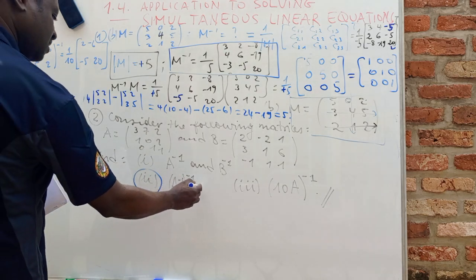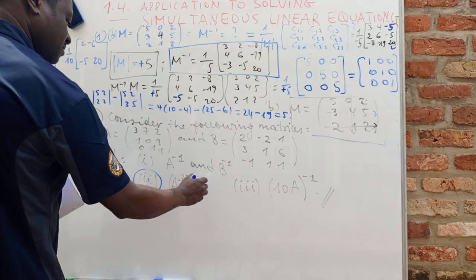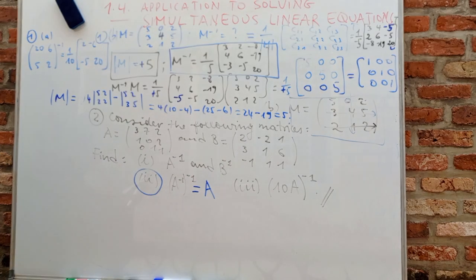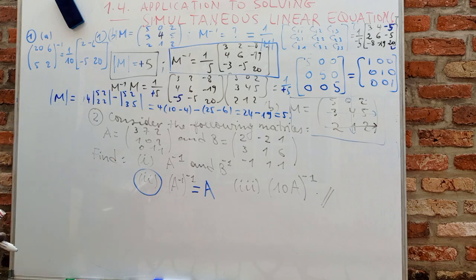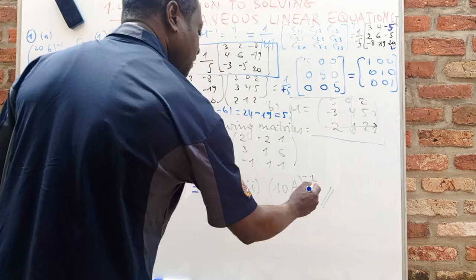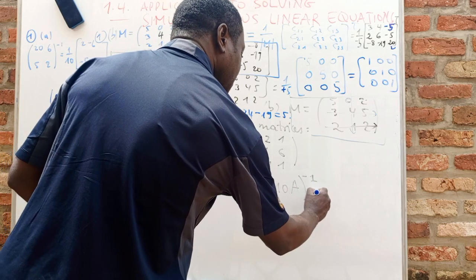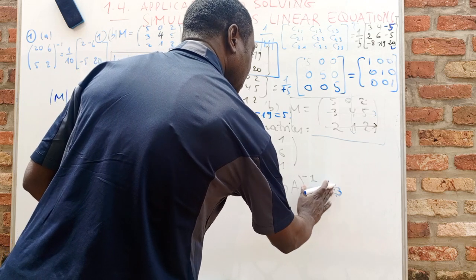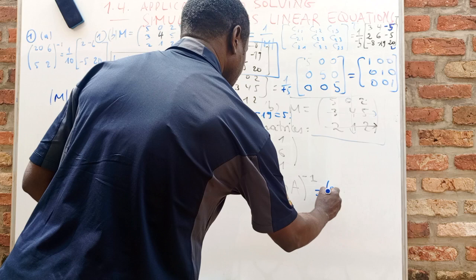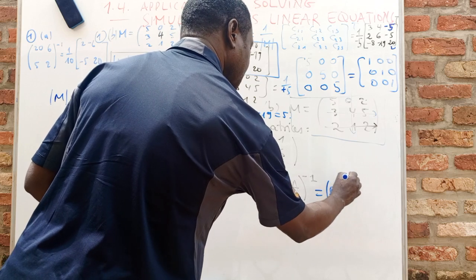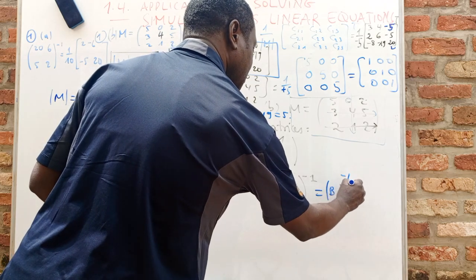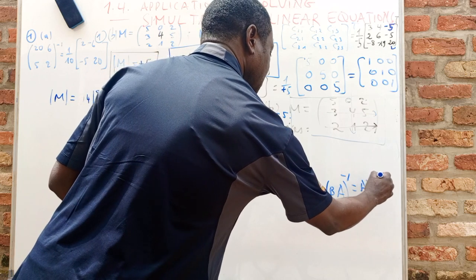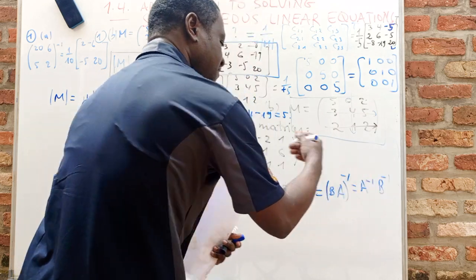So this matrix, it is very easy according to properties. Inverse of inverse equals the matrix itself. So we don't need further calculation. Now here, for the inverse of a product of two matrices, like suppose B and A, for example, the inverse is the inverse of A times the inverse of B in reverse order.